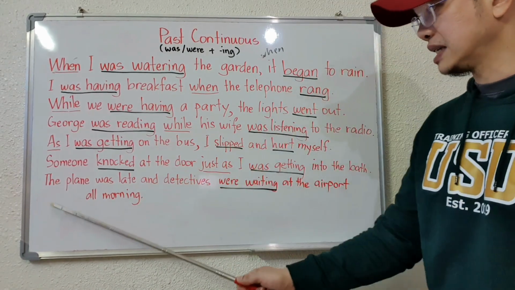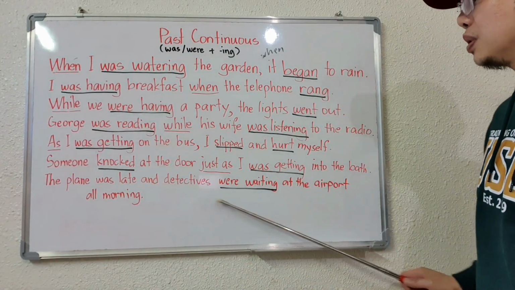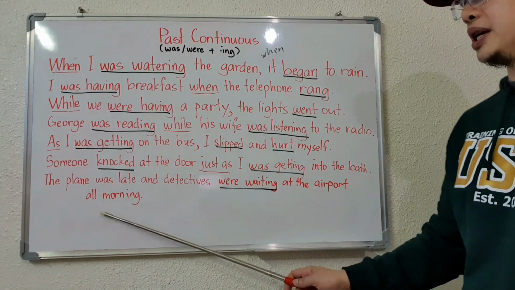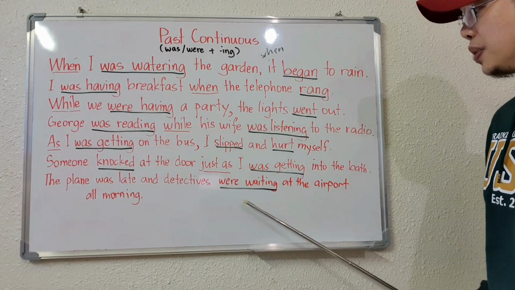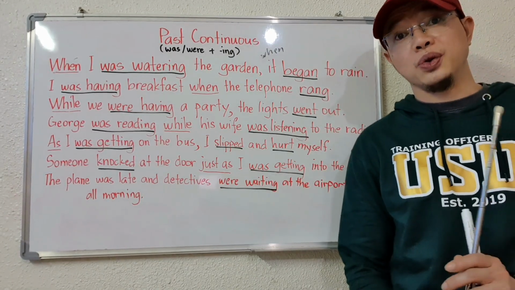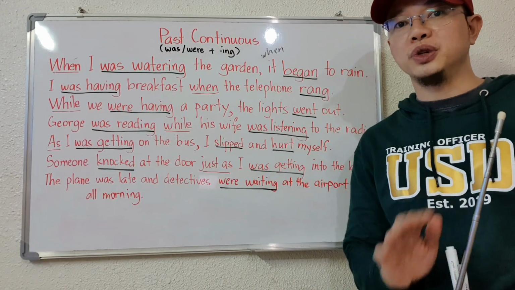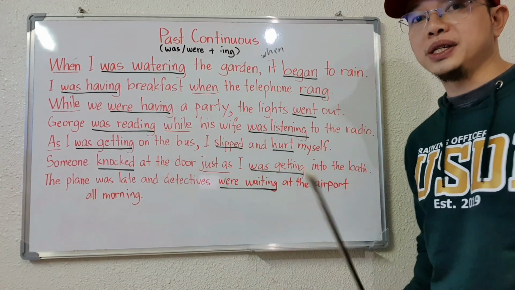For example, in the last sentence that we have here, the plane was late and detectives were waiting at the airport all morning. So this action, the detectives were waiting at the airport, was not interrupted at all. It was just happening over a period of time, all morning in this situation.